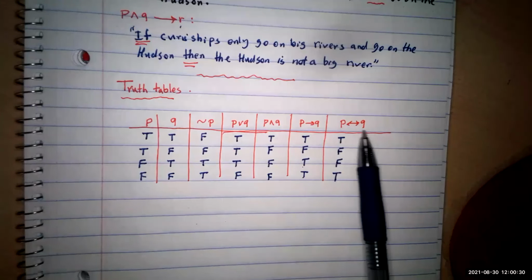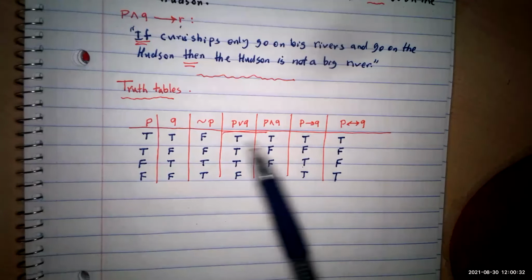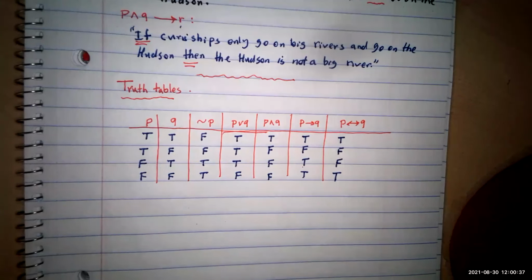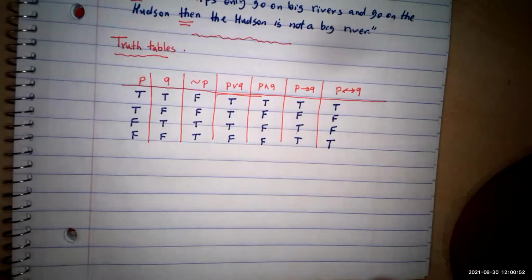And of course, P if and only if Q, they must have the same truth values, both of them true or both of them false. Okay, any question? So this is going to be your tool, if you like. Make sure you know it, and it should be available for all the problems of this course.